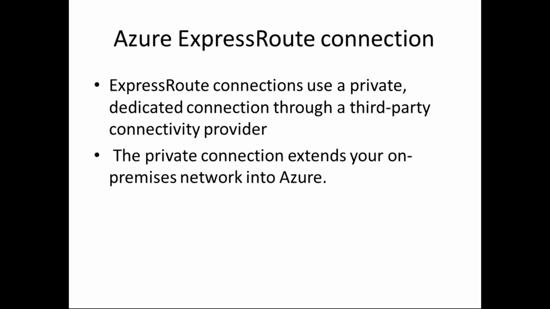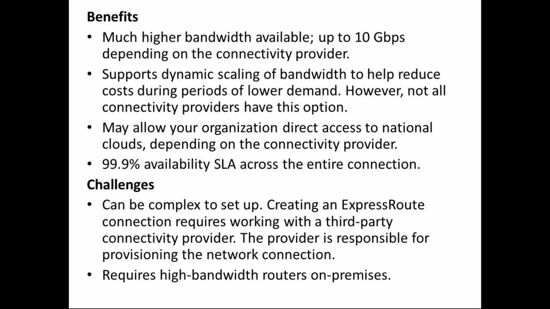Well, definitely ExpressRoute can give you up to 10 Gbps, right? It's a private connection that extends your on-premise network into Azure. So it's like your extended LAN, but then you'll not have 200 Mbps. You'll definitely have much more than that, up to 10 Gbps. Now, you will get 10 Gbps provided your connectivity provider can give it to you.